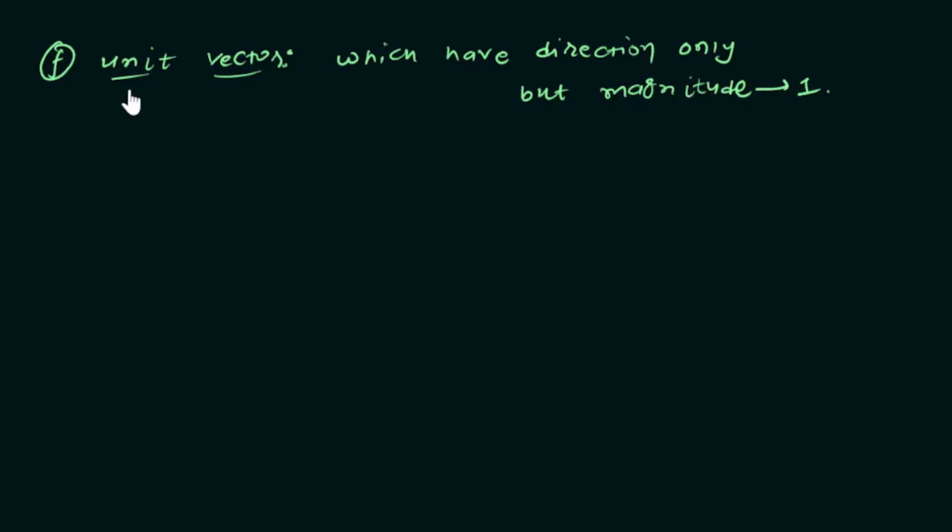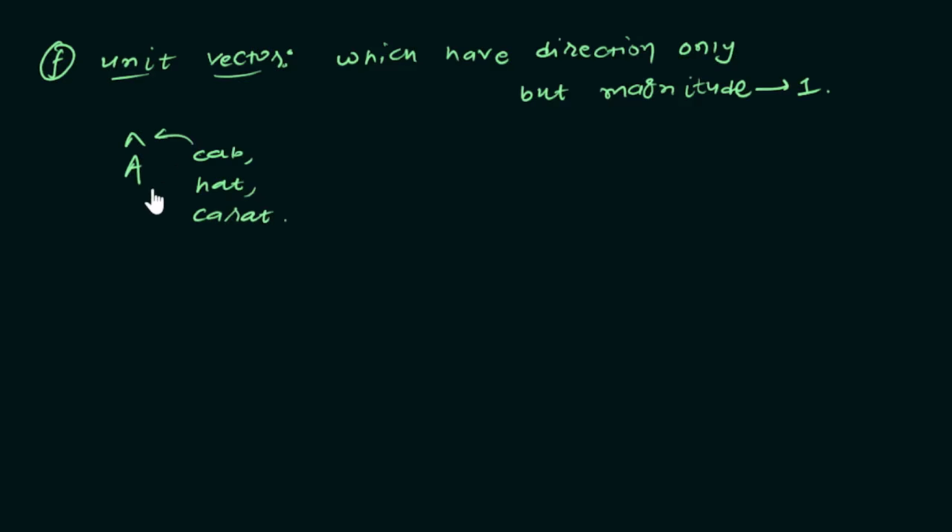Okay, so how do we define such a vector? First of all, the symbol of a unit vector is a cap. Such a triangle on the vector is known as a cap, hat, or caret.